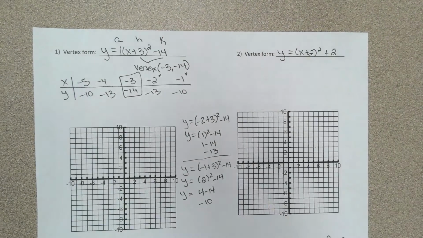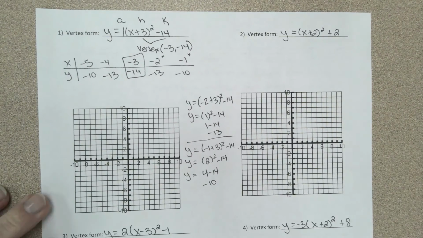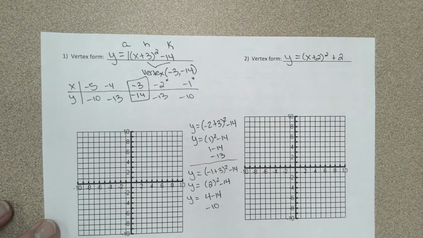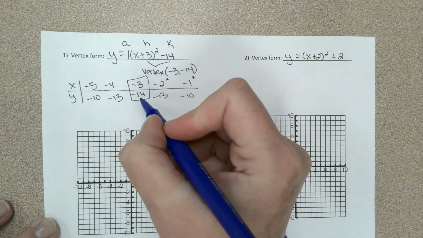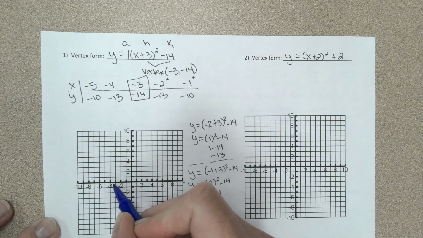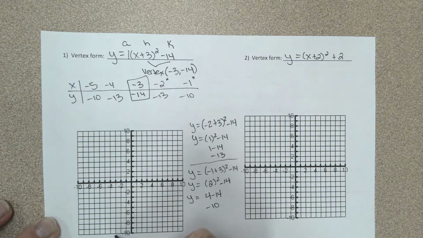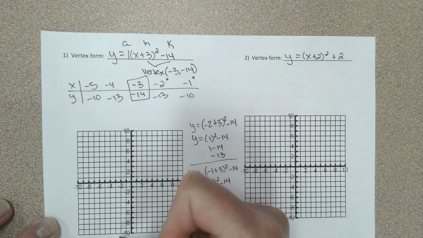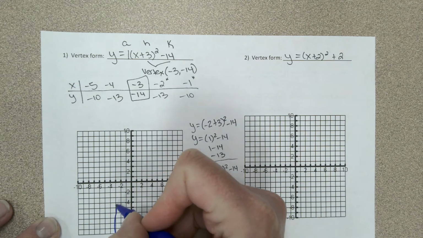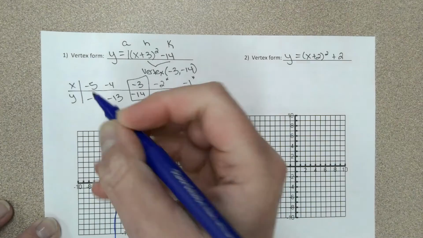Pull back a little bit and we're going to graph this. Alright, so I have my first one at -3, -14. Didn't really mean for it to go off the graph that much, but these things happen.